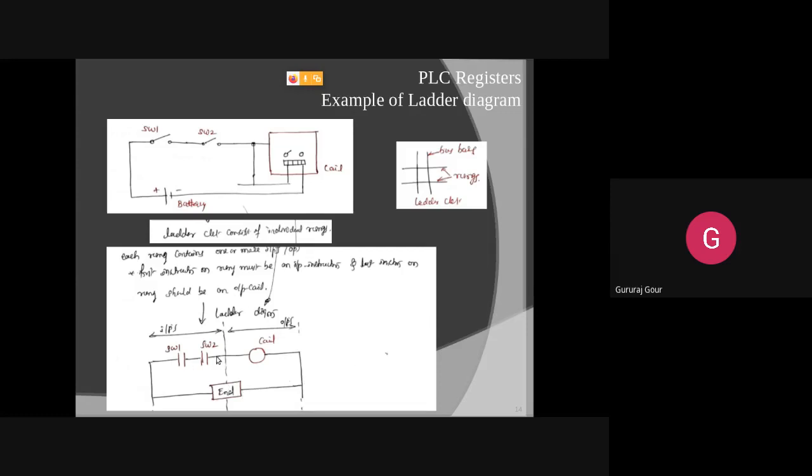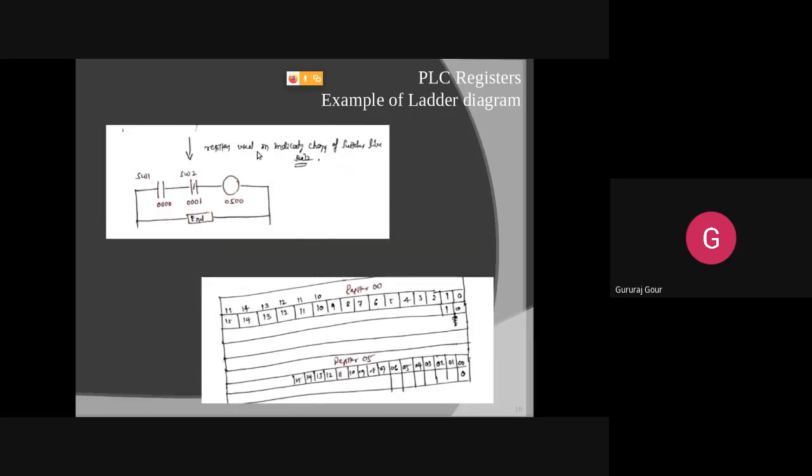So this rung or horizontal line has got two inputs and one output. This is what we mean by one rung. And finally we wind up this ladder diagram with another rung containing the instruction END.